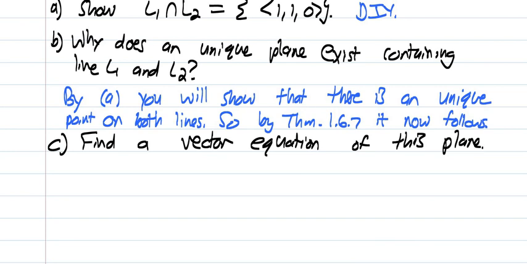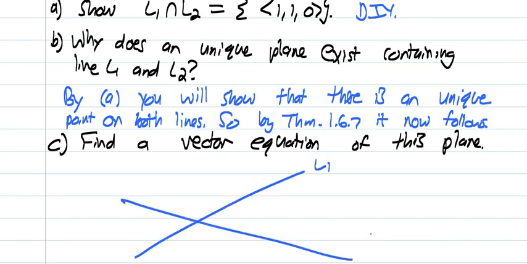And now, just to finish this question, let's try to find an equation for this plane. All right. So it's good to draw a picture. So if we draw a picture, we can say, okay, that's line 1, that's line 2. They intersect. Let's call this point A. This point A has coordinates (1, 1, 0). And I'm going to leave it for you to see that point P, which is (1, 0, 1), is sitting on line 1.